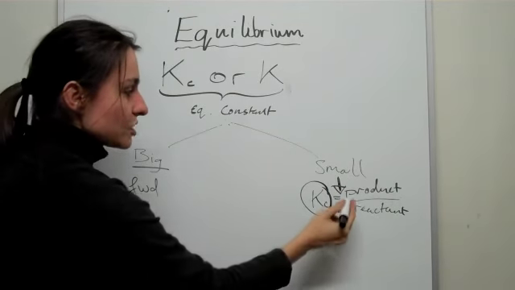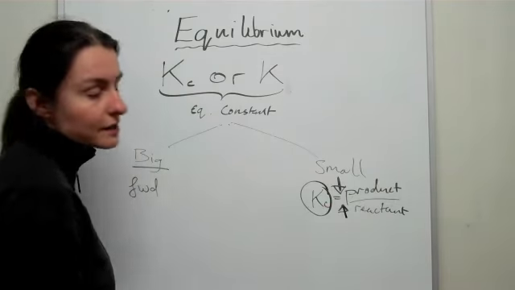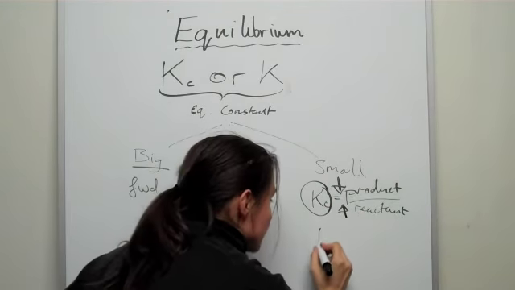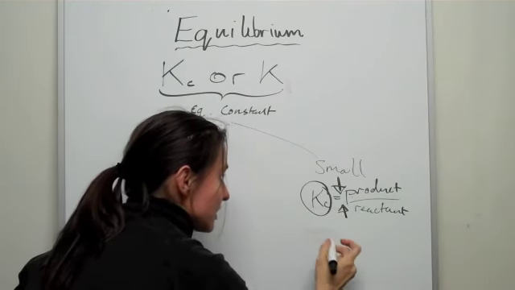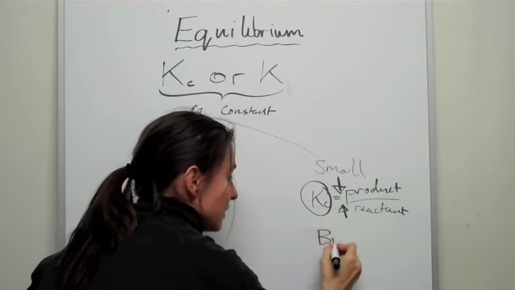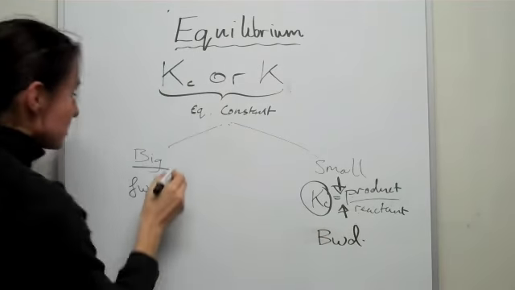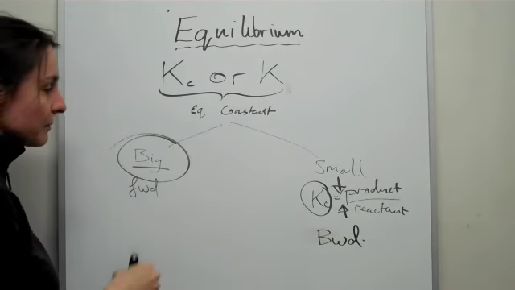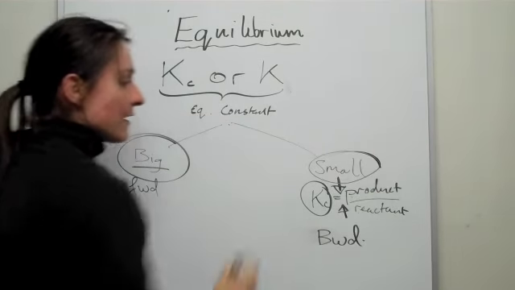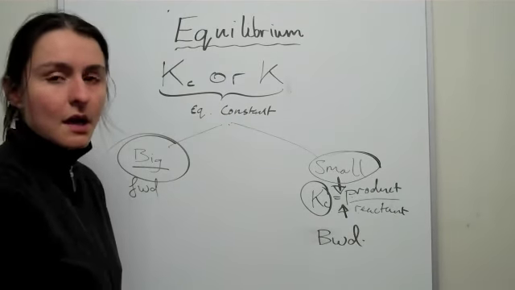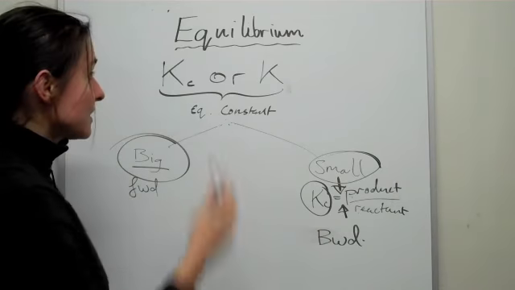So that means that you have very little products and a lot of reactants, which means that the extent of your reaction is going backwards. So remember, just as a summary, a big K value means that it's going powerfully forward, and a small K value means that it's going backwards.